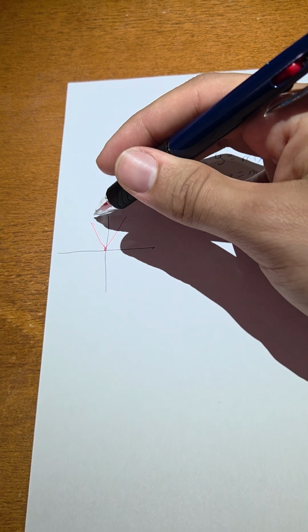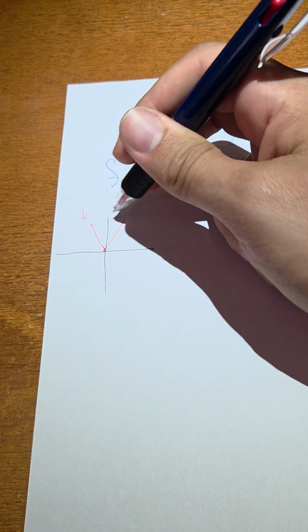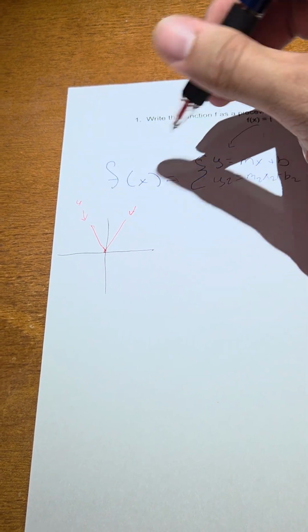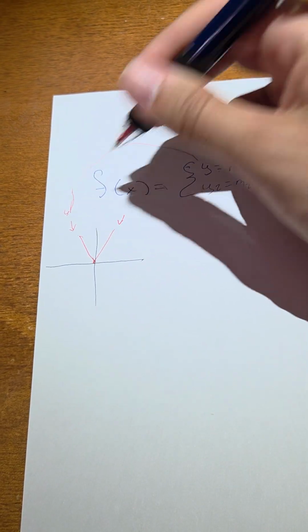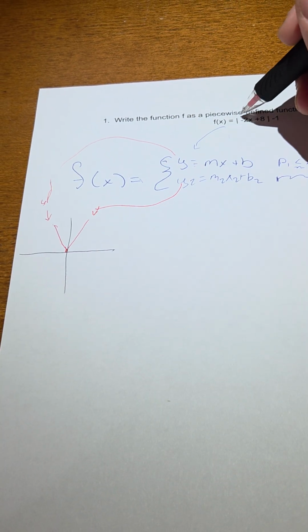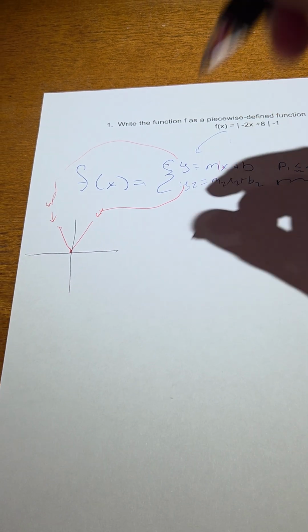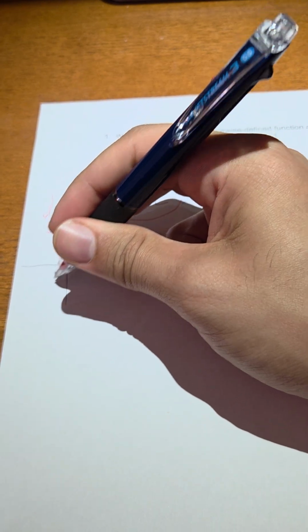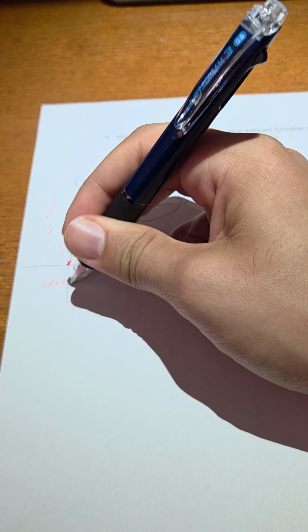So we want to split it into one equation from this line and one equation from this line. That's basically what we want to do. We want to make this look like these two equations. And how we do that is we use this point right here, it's called the vertex.